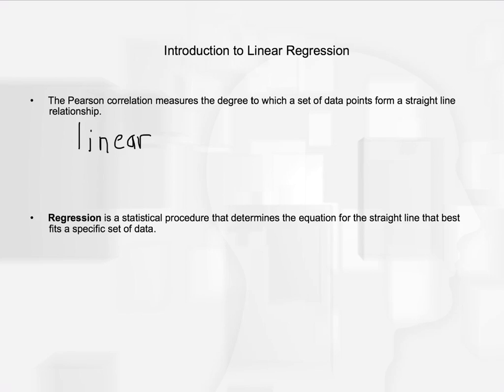Regression then, and we're going to use the word prediction instead of regression, is a statistical procedure that helps us determine the equation of a straight line so we can use it to make predictions. Think back to when you were taking geometry in high school. We learned that various geometric figures have equations associated with them.